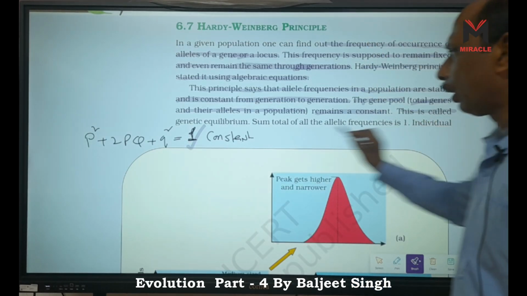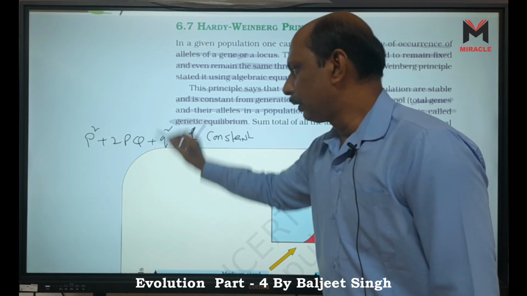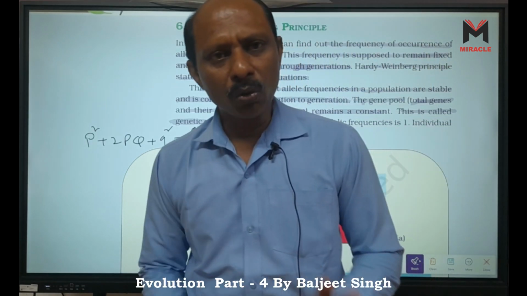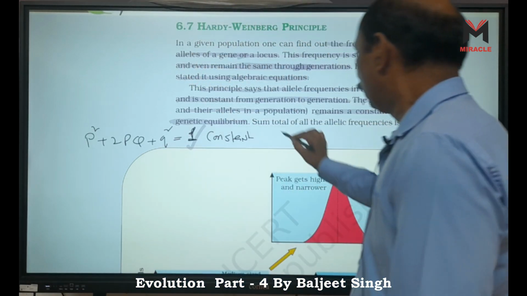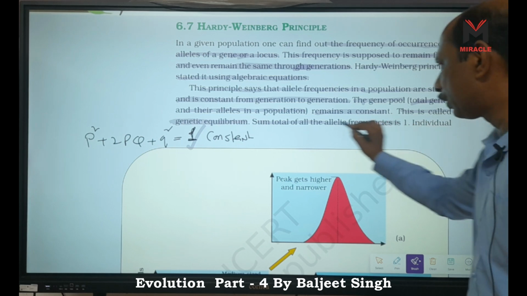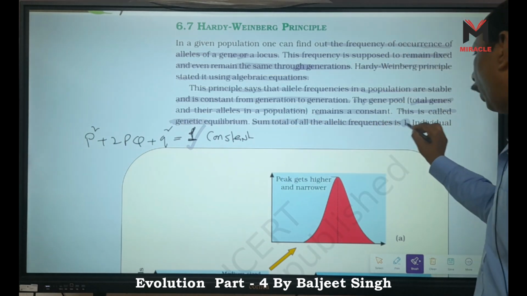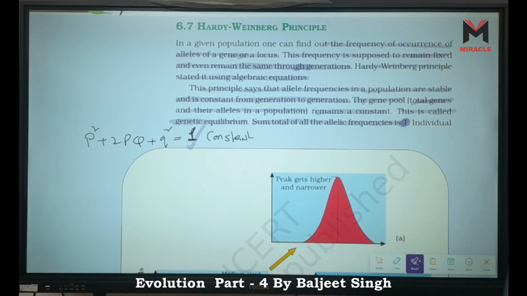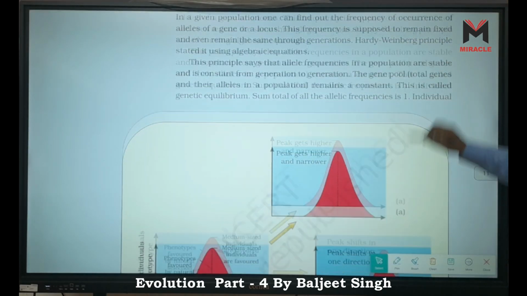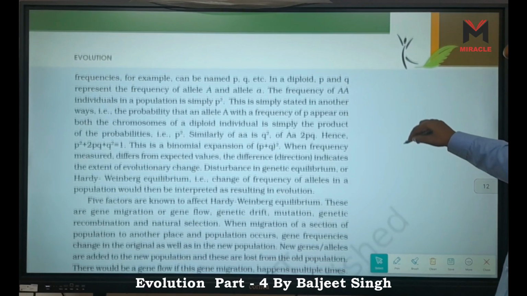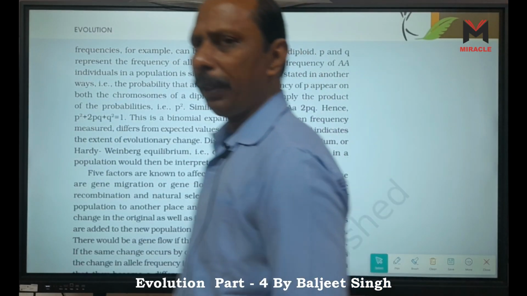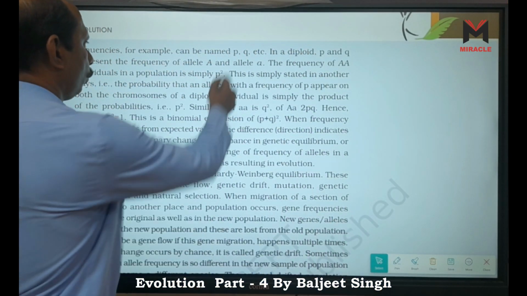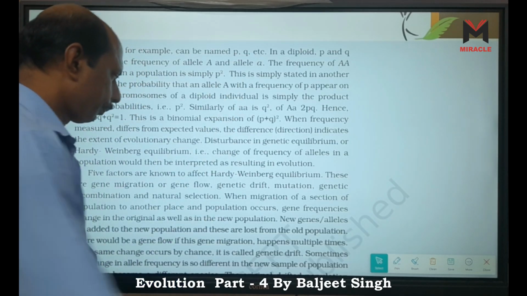And this is called genetic equilibrium. Genetic equilibrium means there is no evolution. Right? The sum total of all allelic frequencies is 1. What is given here? 1. Do you understand? 1 means what? Constant. That individuals' frequencies, for example, can be named as p, q, right?